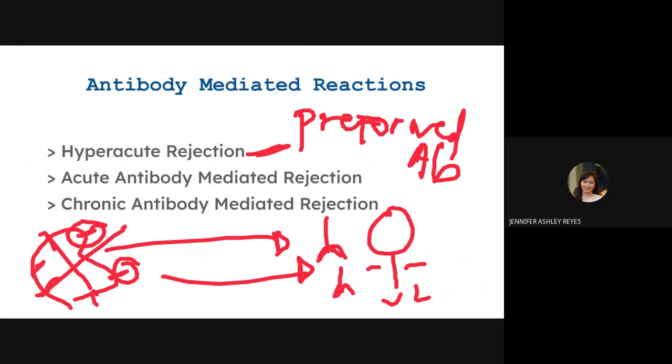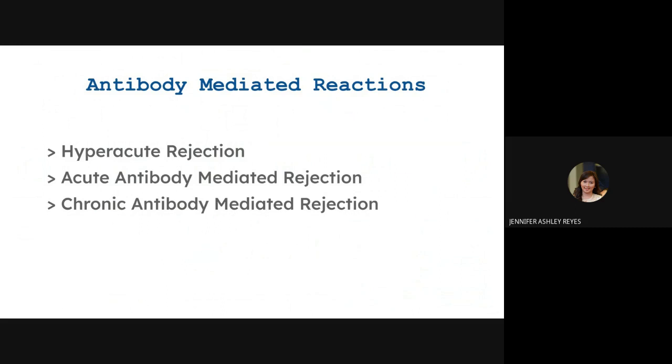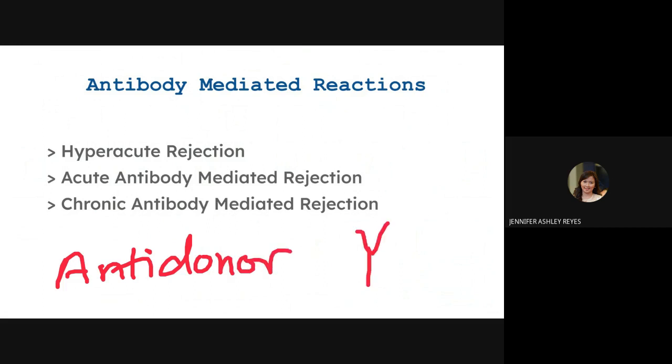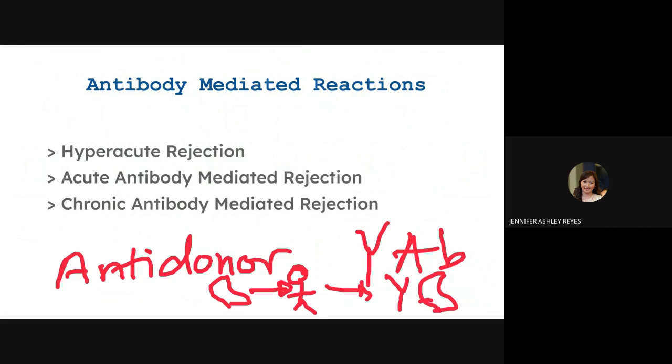So, yun yung hyperacute. Yung acute antibody-mediated is when the anti-donor antibodies are produced after transplantation. So, individual, tapos naka-receive siya ng tissue, tapos nag-produce siya ng antibody against the antigens in the tissue.